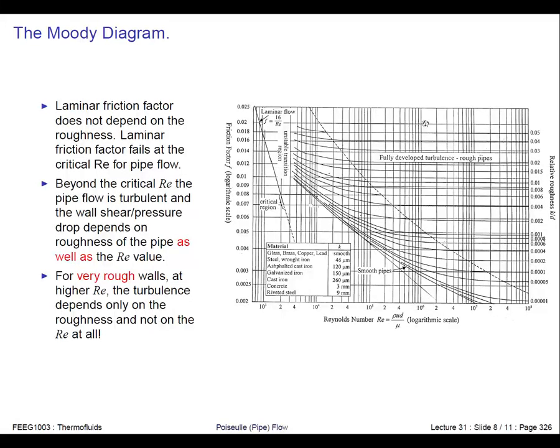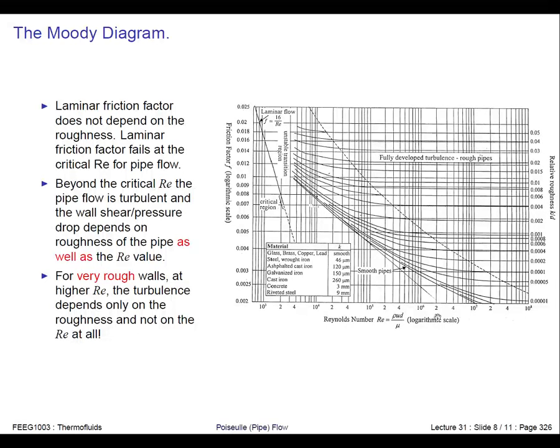Then we have a region out here which is called the fully rough region, and this is quite unusual because, as long as the Reynolds number is large enough, it doesn't have any effect on the pressure drop. You can see this because the lines in the fully rough region are all horizontal.